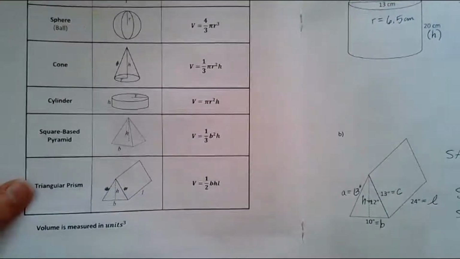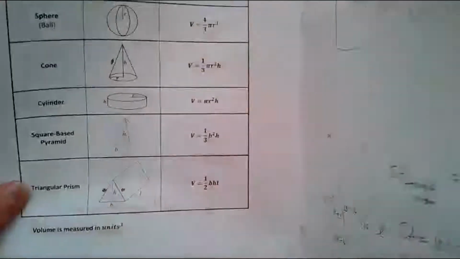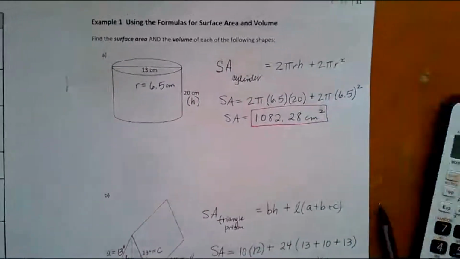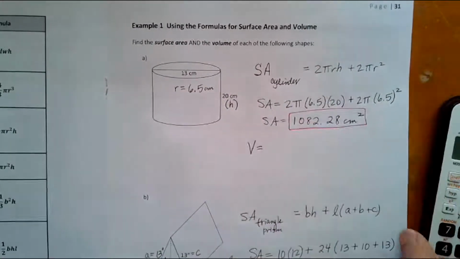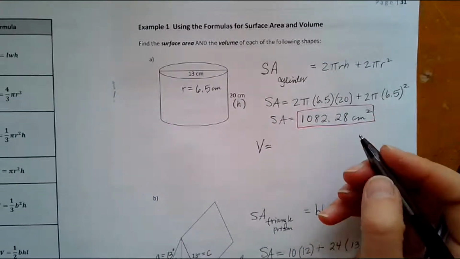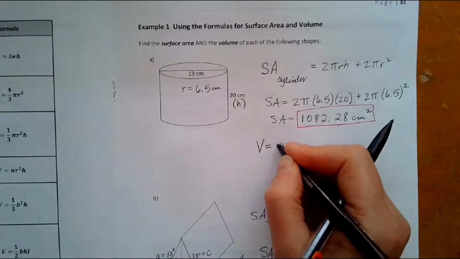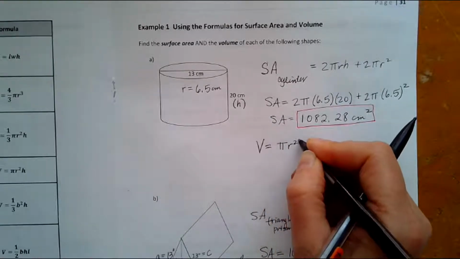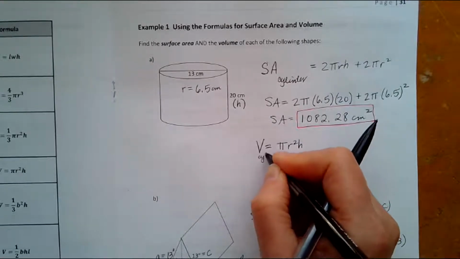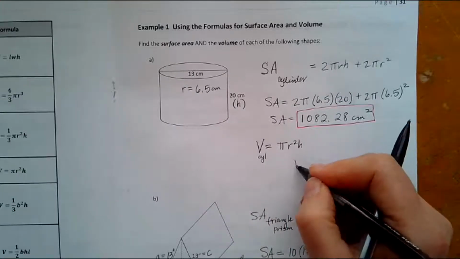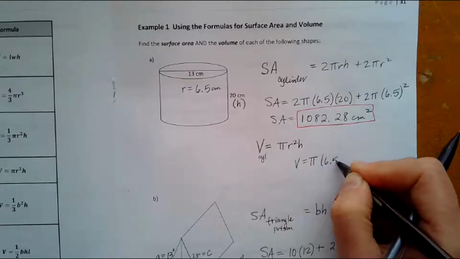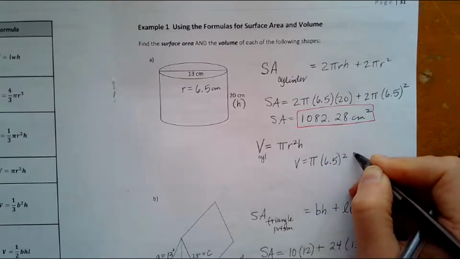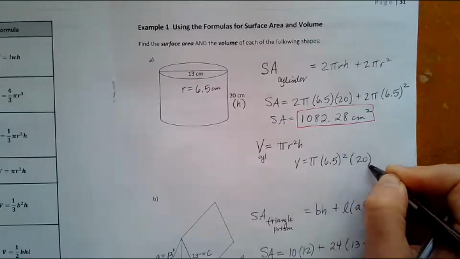Let's do the volumes of the cylinder and the triangular prism. So volume of the cylinder. Volume formula is pi r squared h. Our volume becomes pi, we already knew what r was, times 20.